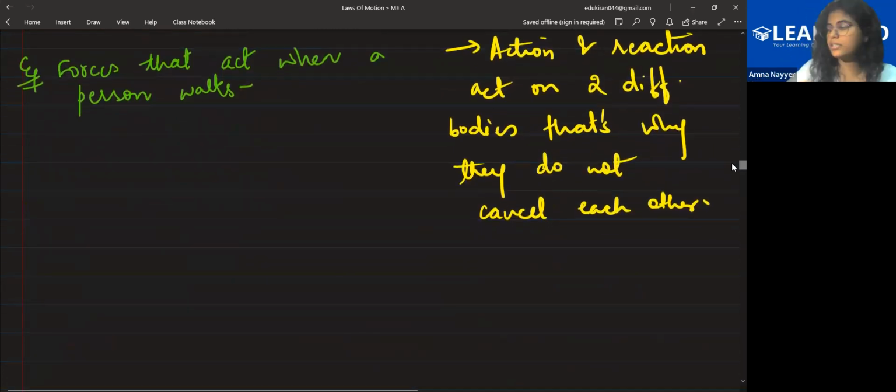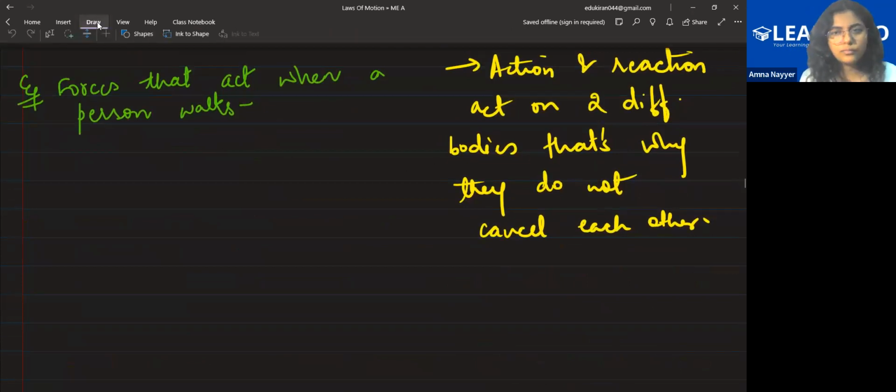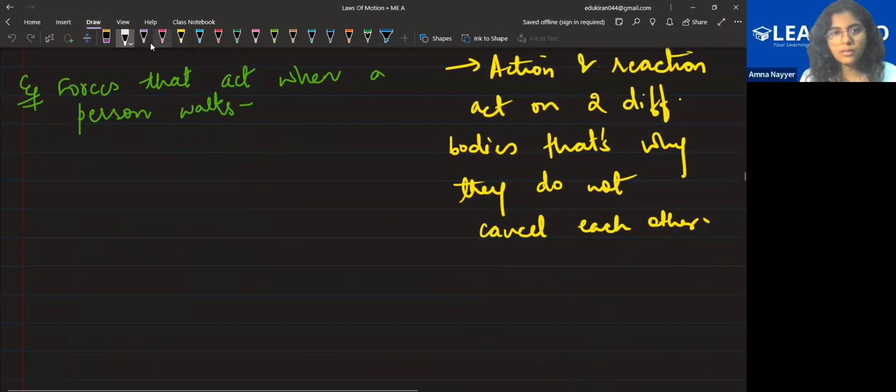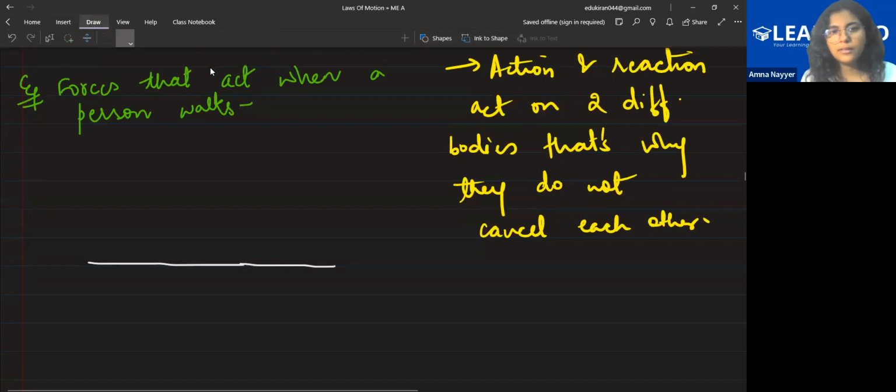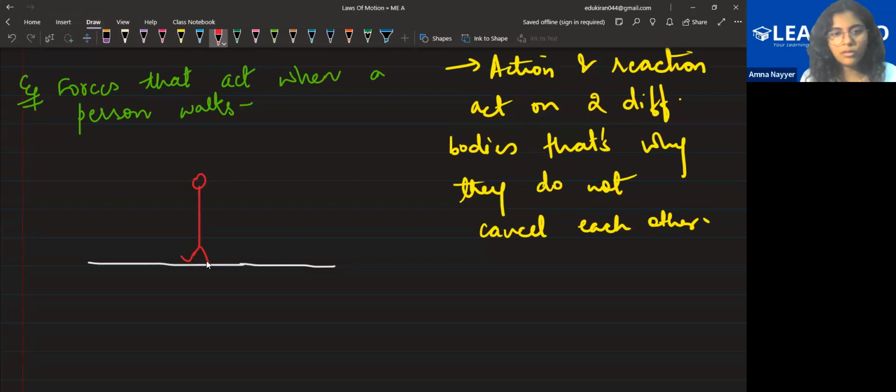See, the force that acts when a person walks. A simple figure we are going to draw. Suppose this is the walking surface and the person here is walking. Now, what all things act here?